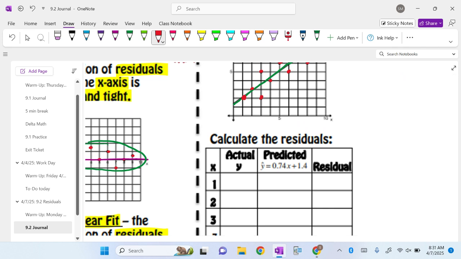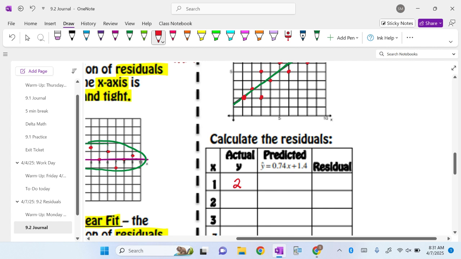For example, when x is 1, the actual y value would be this point right here. What's this y value? It's 2. So the actual is 2.